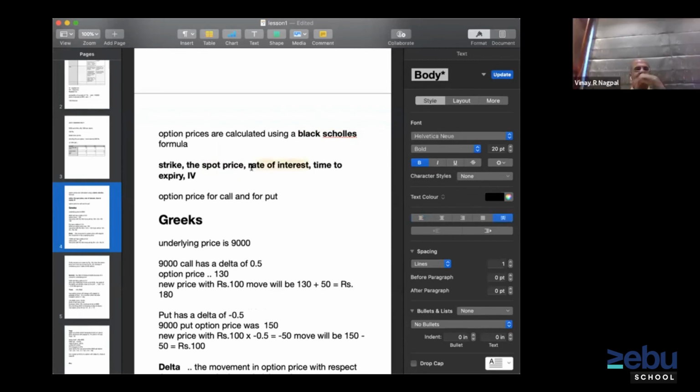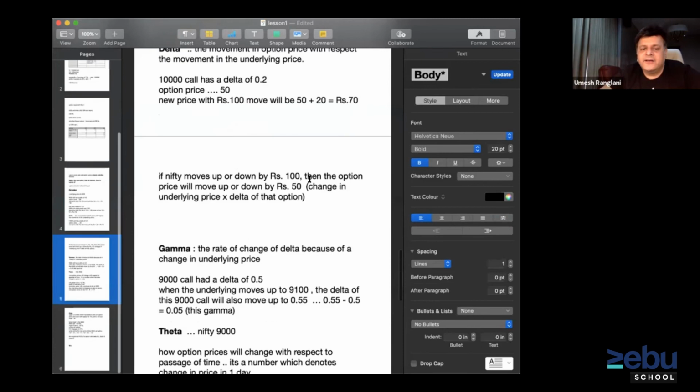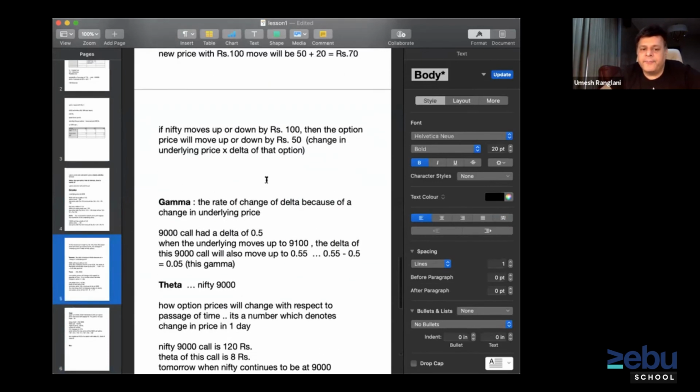Rate of interest is another component which is represented by rho, which we'll go through, but it is not very important because rate of interest generally remains more or less the same. So it doesn't affect the option prices too much. Then time to expiry is represented by theta and IV is represented by vega.